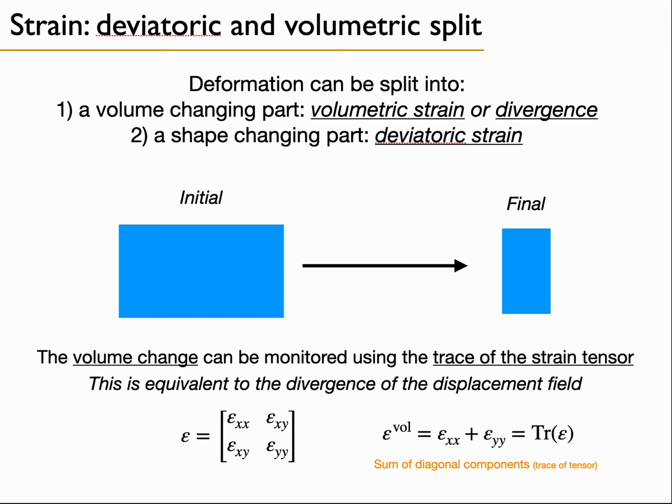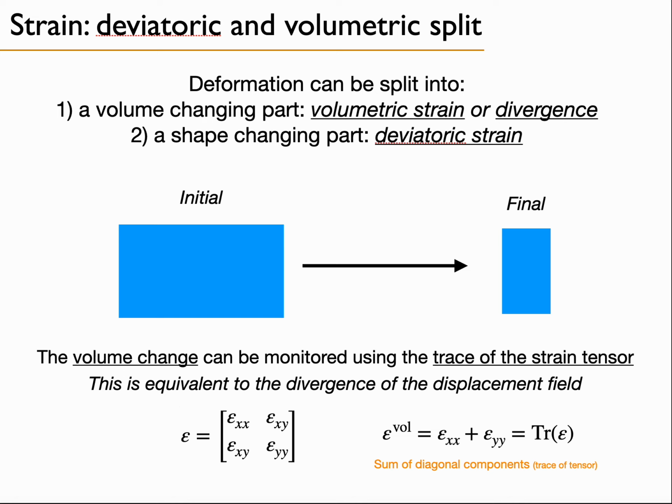We are going to introduce a measure, and that is the trace of the strain tensor. The trace of the strain tensor, meaning the sum of the diagonal components, will be called the volumetric strain, epsilon vol. So that's what will represent a change of volume.